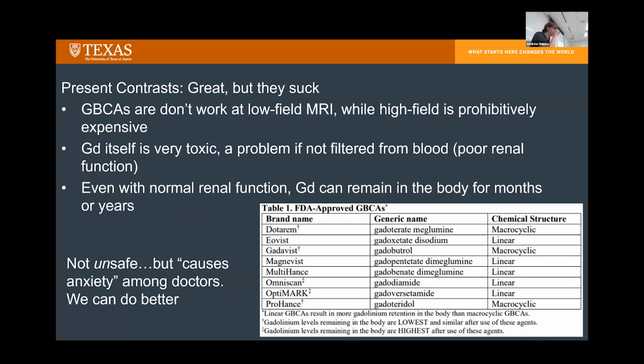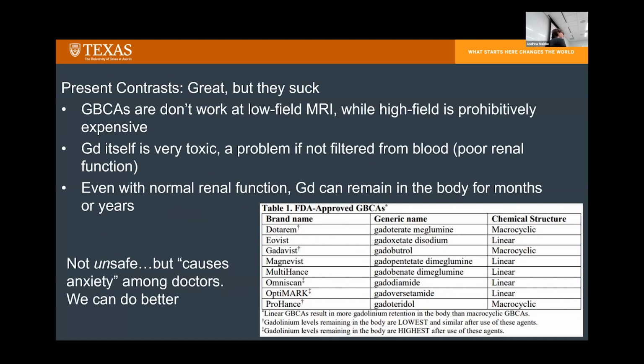The problem with this is that they're based around gadolinium. Gadolinium doesn't work functionally at low field MRI, and high field MRI, the kind they use in hospitals, is prohibitively expensive. It'll run you about $1 million per Tesla, and it runs 1 to 3 Tesla.